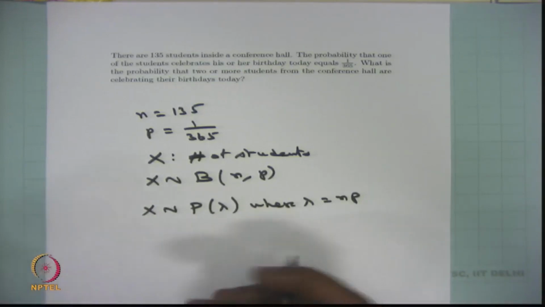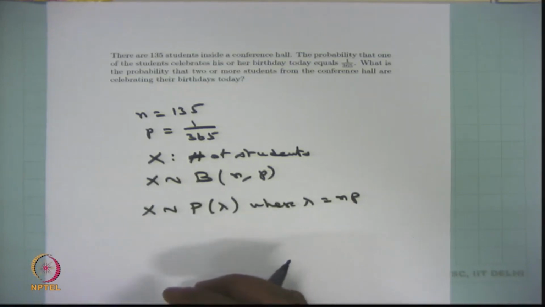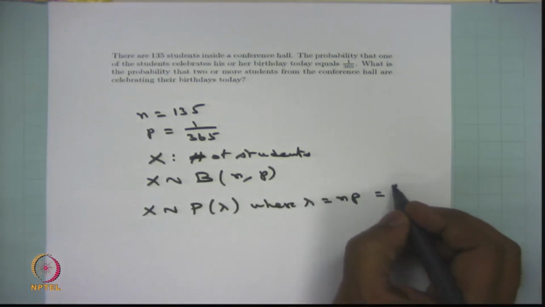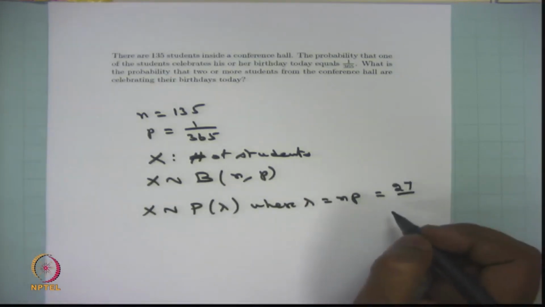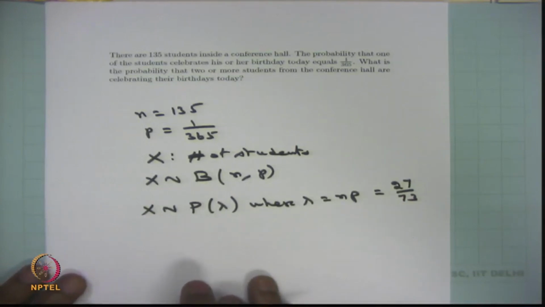One can simplify and get lambda equal to 27 divided by 73. Once you get lambda, that is the parameter for the Poisson distribution.